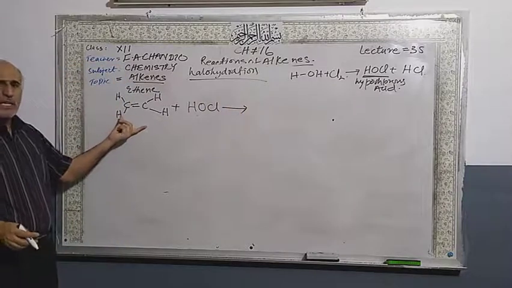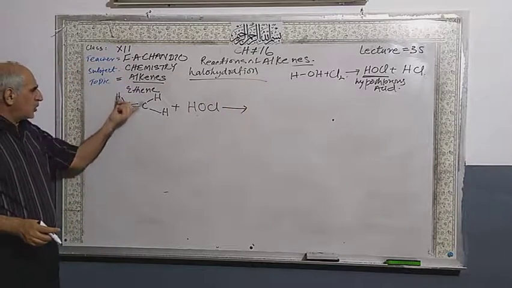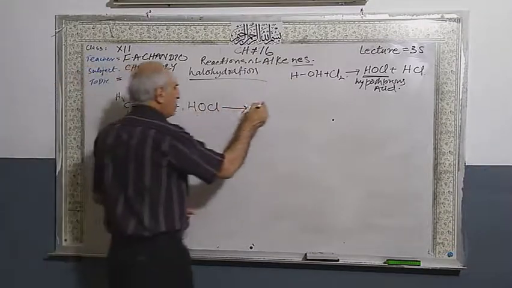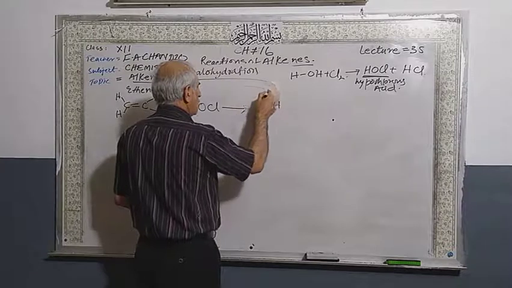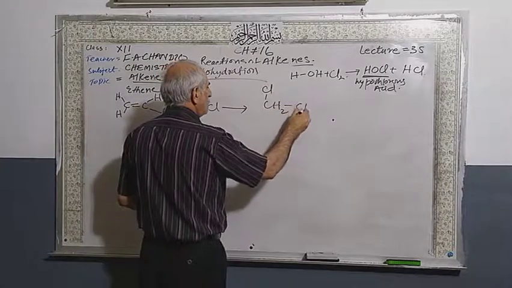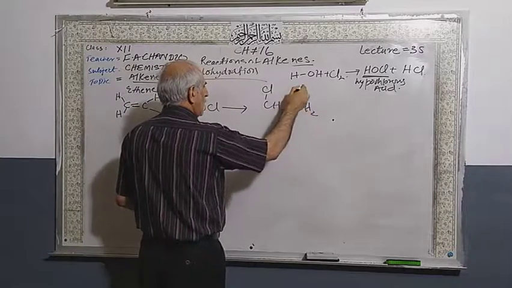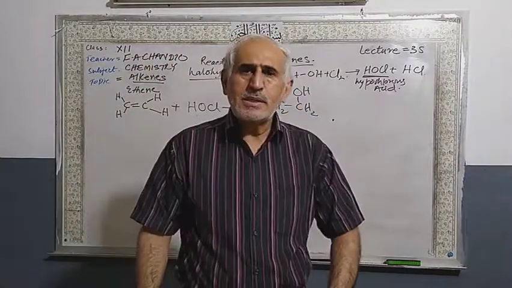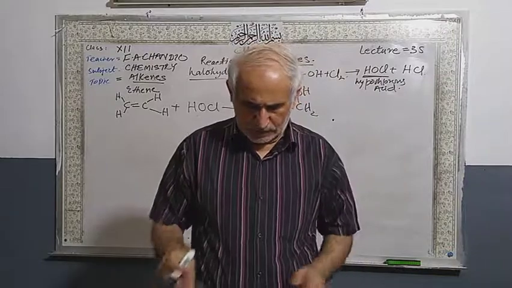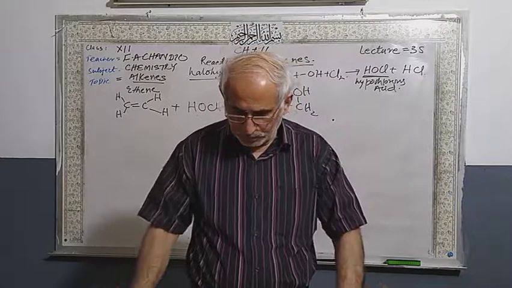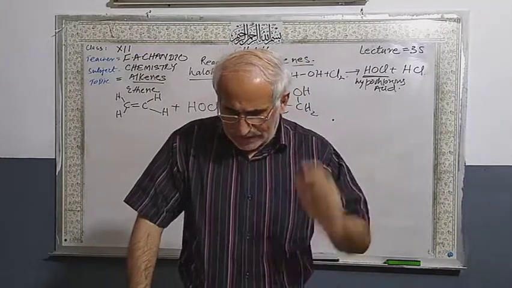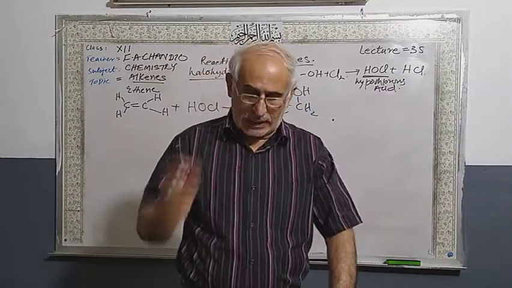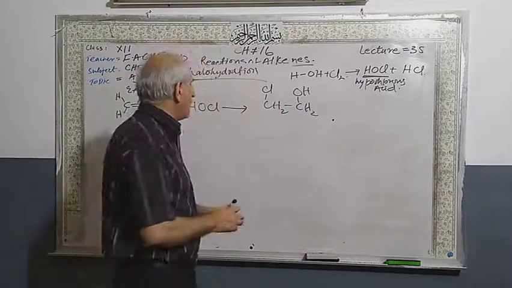This is again a symmetrical alkene. Both ends contain the same number of hydrogen atoms, so it makes no difference which carbon you add the hydroxyl group and the halogen to. Alkenes react with hypohalous acid to give a halohydrin.